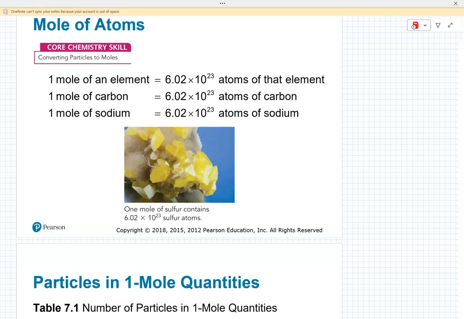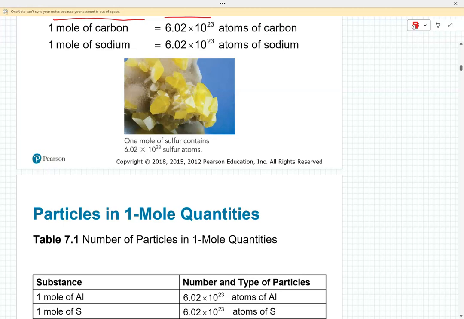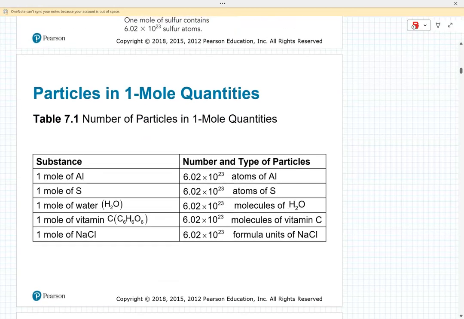So when we say that we have 1 mole of an element, it means that we have this number, 6.02 times 10 to the power of 23, atoms of that element. So no matter what element that is, it's going to be the same number of atoms. Is that clear?